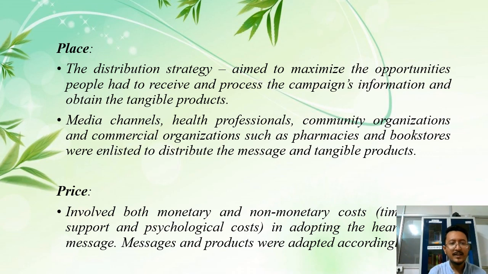Okay, so this aim was addressed through media channels, health professionals, community organizations, and place could also include commercial organizations such as pharmacies or medical stores where the patients or the customers could get access to medicines or any sort of pills, or even bookstores which were enlisted to distribute the message and the tangible products, right?